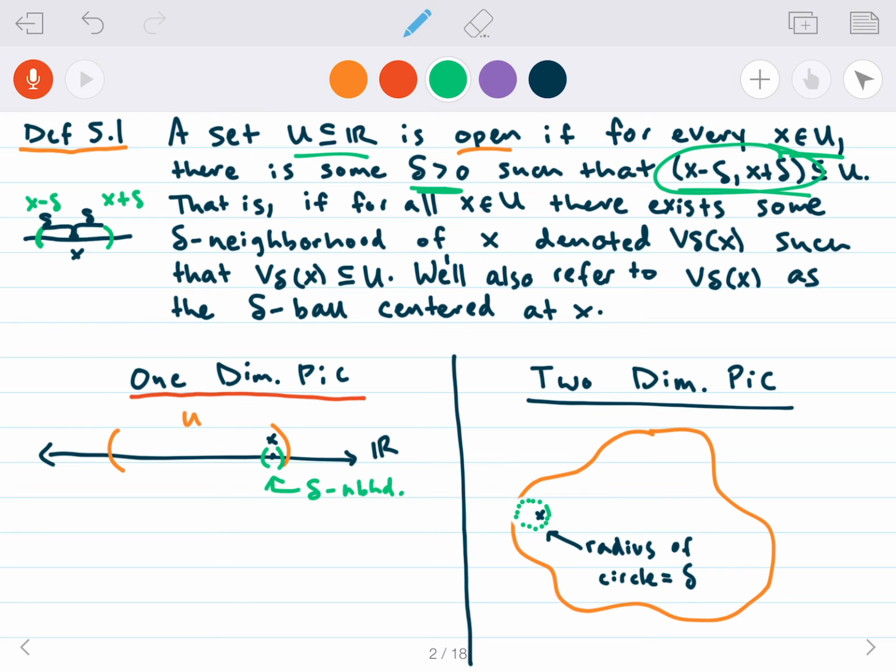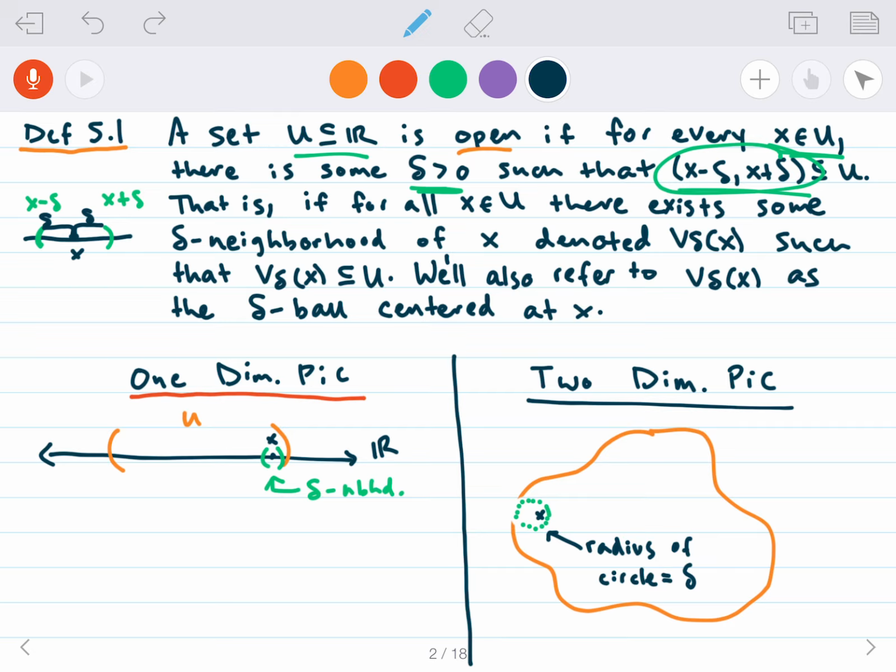The point is that x could be really, really close to the endpoint of this open set. It could be really close to this orange thing right here. But this definition of openness says, it doesn't matter how close x is to that endpoint, that orange spot. We can always find a neighborhood around it so that that neighborhood's completely contained in the orange.